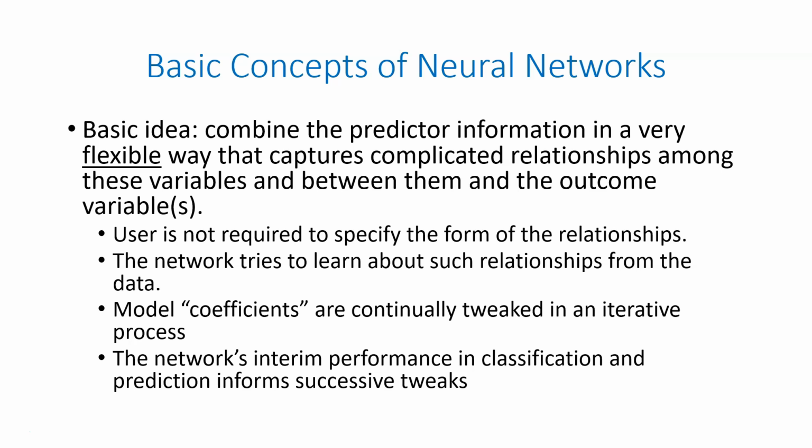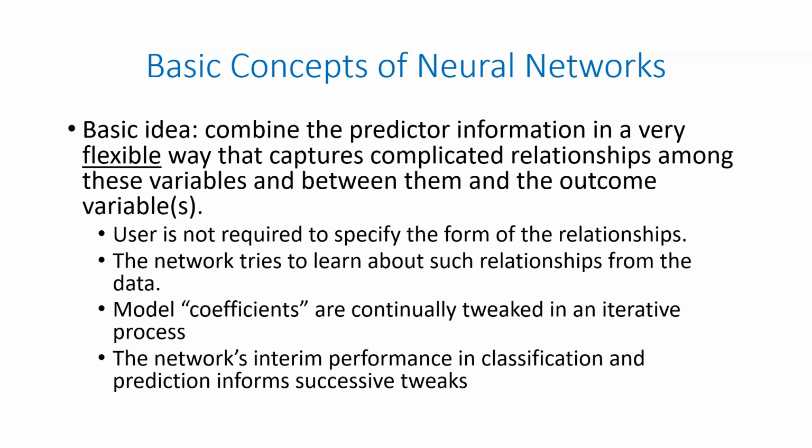Although neural networks is not a model-driven technique, there are intermediate models that are generated in order to go from the predictor variables to the target variables, as you will see in our demonstration later. The coefficients of these intermediate models will dictate the nature of the relationships, and they are continually tweaked by the new cases that are fed into the neural networks to improve the model's specification of the relationships.